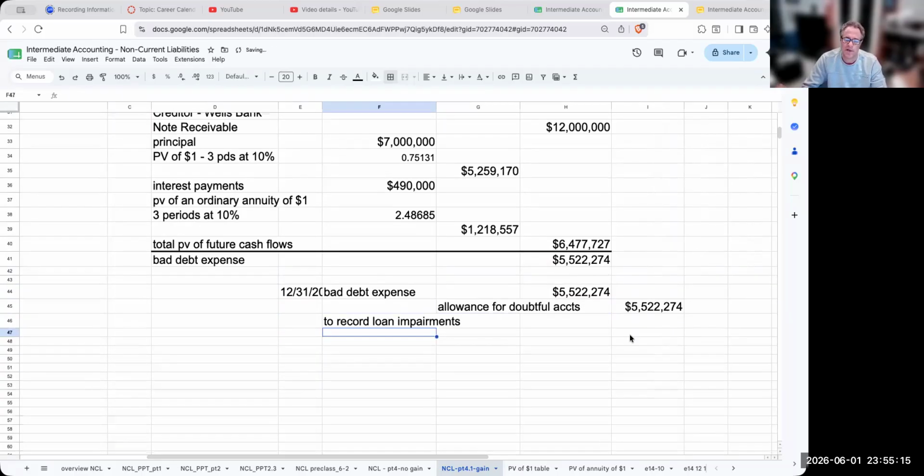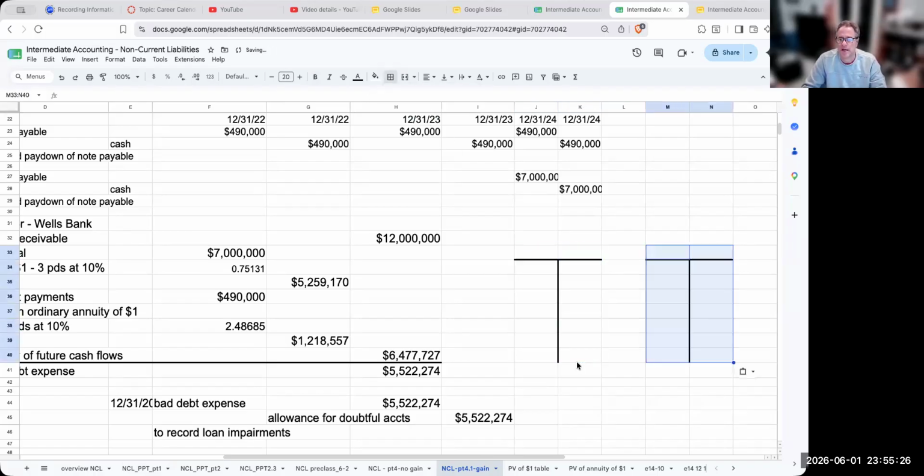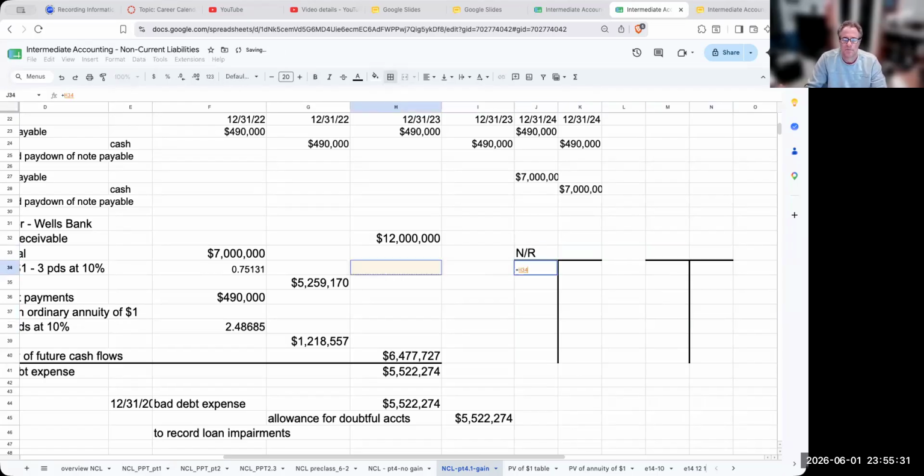Now, what I like to do with these questions is use T accounts. This always helps me keep track of things. So over here, I'm going to have my note receivable of 12 million.